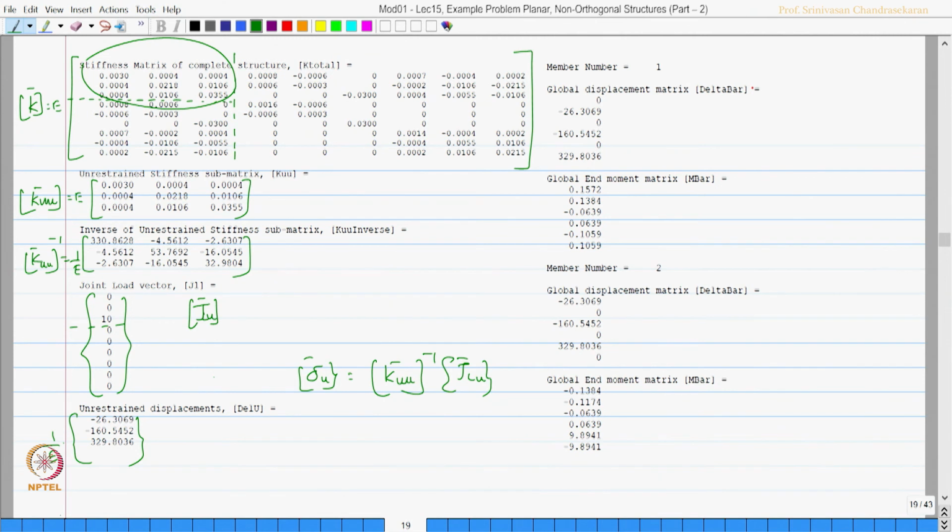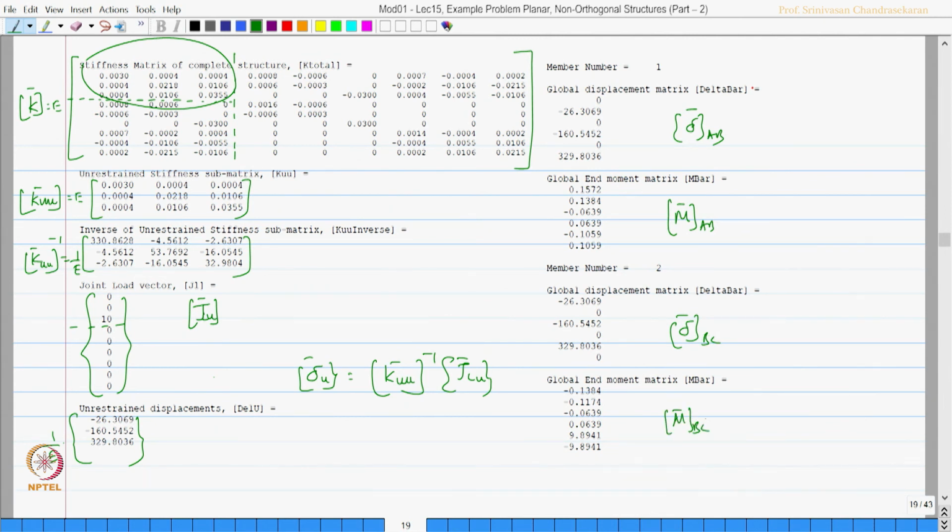Then we find del bar of member AB, then m bar of member AB. Similarly, del bar of member BC and m bar of member BC.